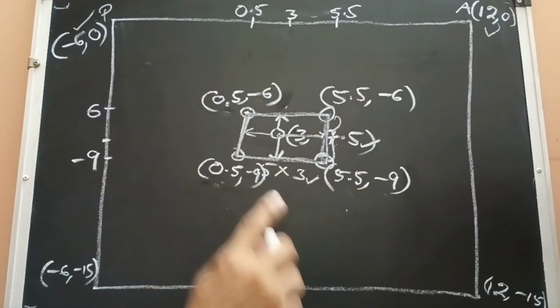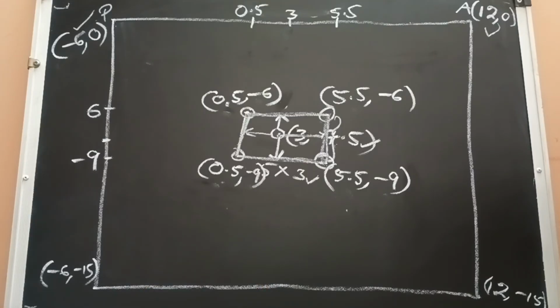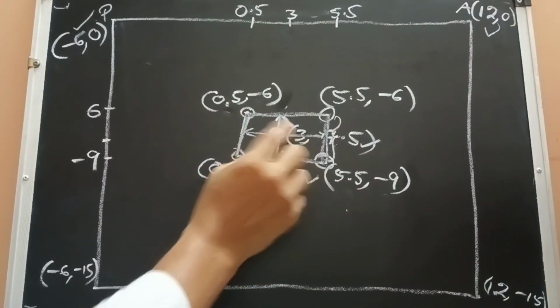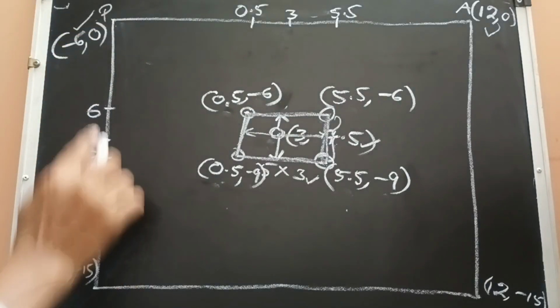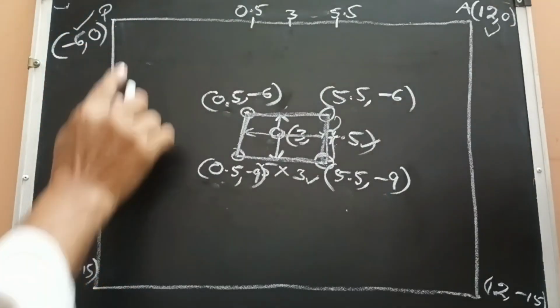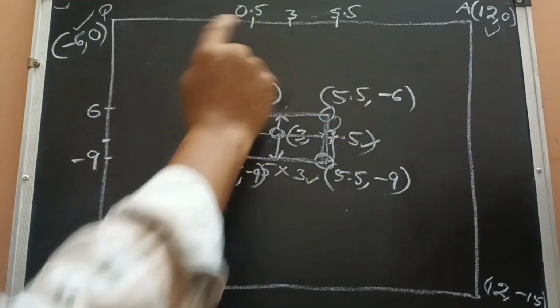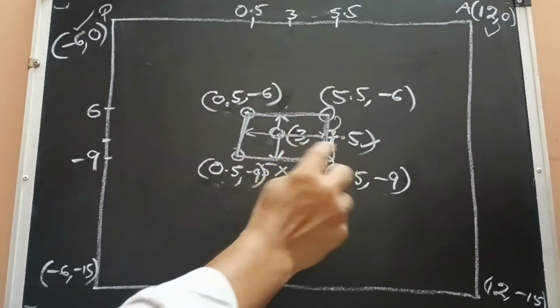So I think you understand how we found the coordinates of this table. What we did: first we found the center of this dining hall by finding the midpoint of the width and the midpoint of the length. After finding this midpoint, we got the x coordinate and y coordinate.